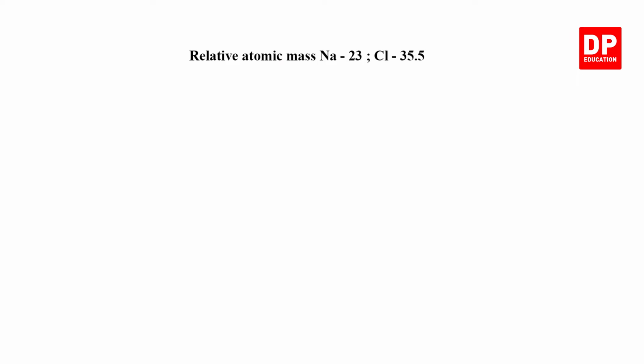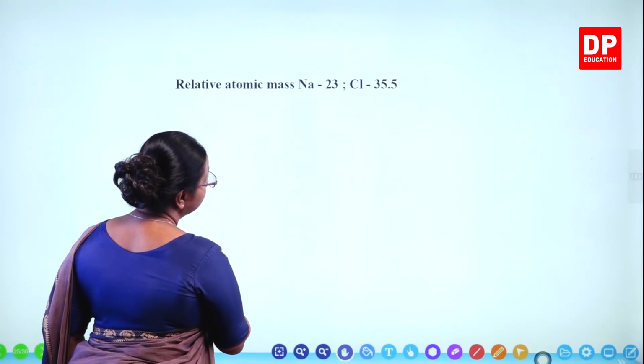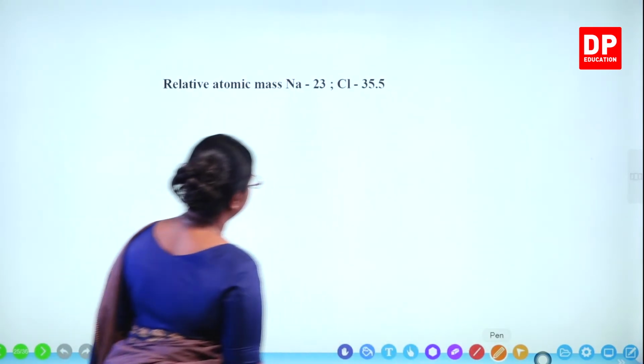Relative atomic masses are given for both sodium and chlorine.